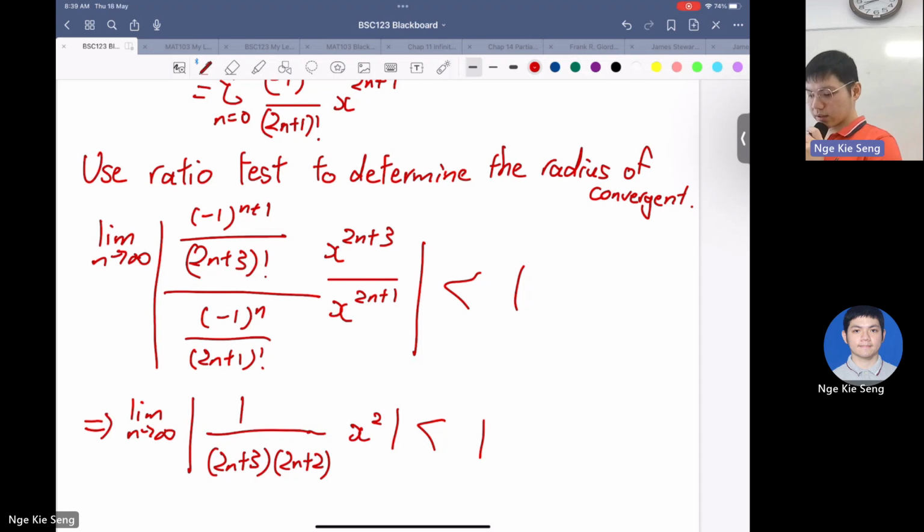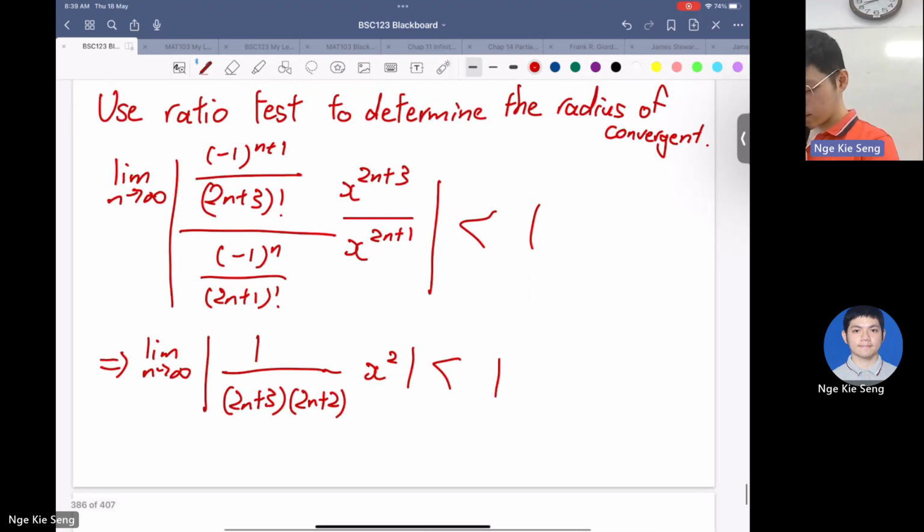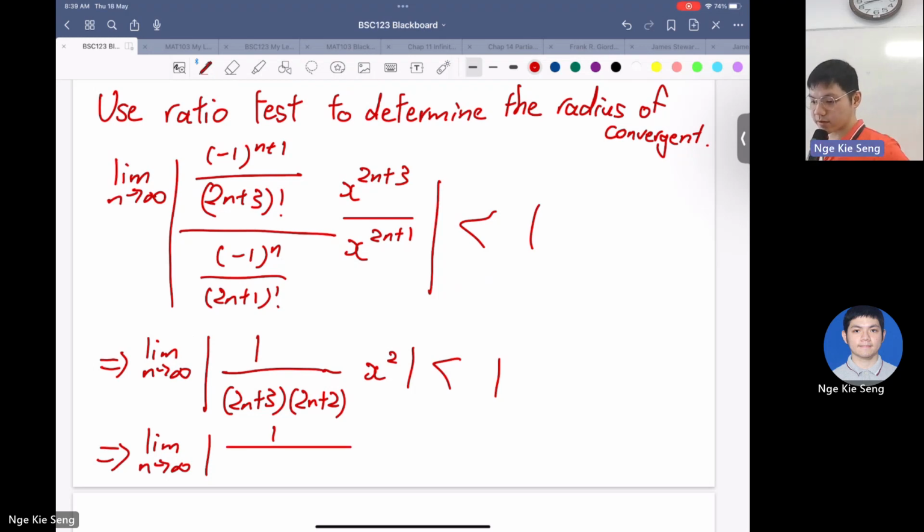For the bottom part, can you see that it converges to 0? Is it easy to see? Not easy to see. It's not 0, right? Did I do something wrong or not?